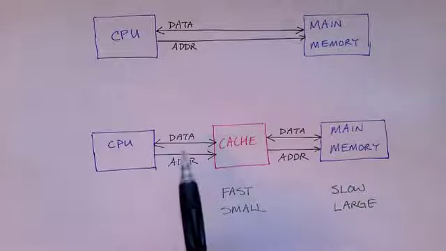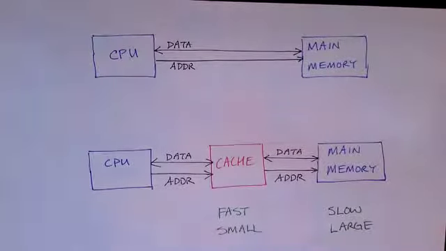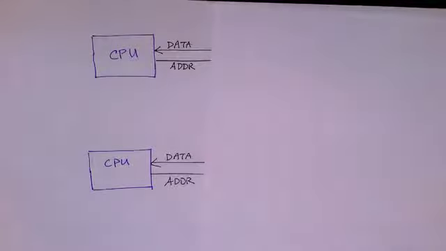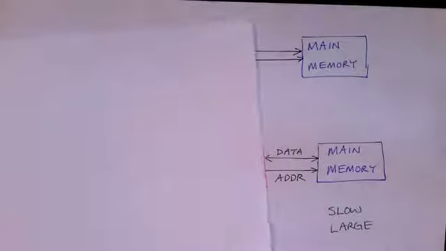Now in this picture, notice that from the CPU's point of view, it looks exactly the same whether there's a cache there or there's not. In both cases, the CPU sends an address to the memory when it wants to read or write, and it either gets data back or it sends data to the memory. And it also looks the same from the memory's point of view.